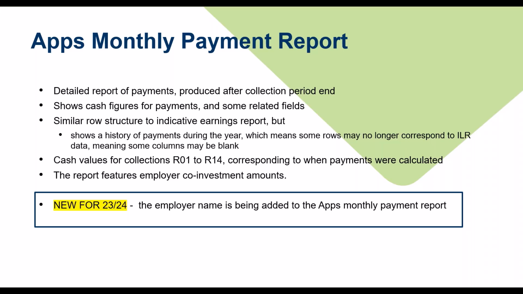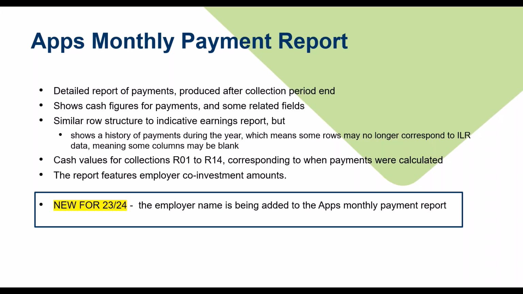So you get a bulk amount. And if you have funds held up by data lock, when that data lock is resolved, you will again get a bulk amount appearing on the apps monthly payment report. So I just wanted to touch on that.